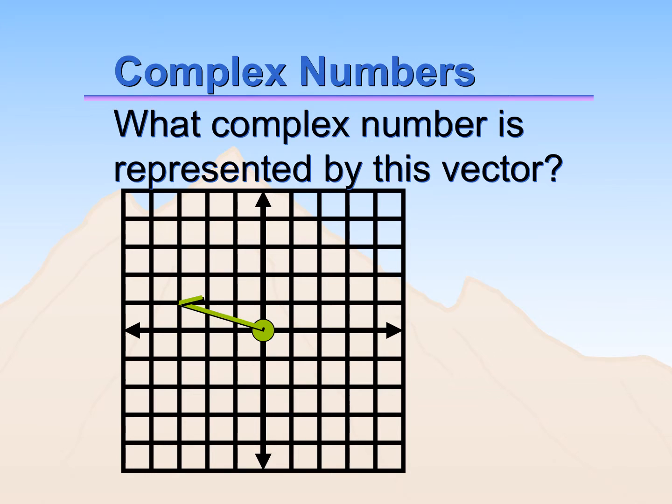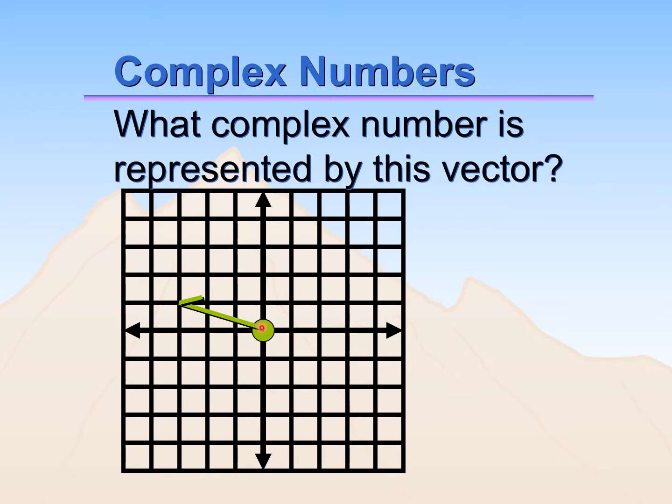All right, so what complex number is represented by this vector? We will start at the initial point, which here is the origin, and we need to figure out the real part, or the A part, of our complex number. It is going to be the horizontal distance from the initial point.